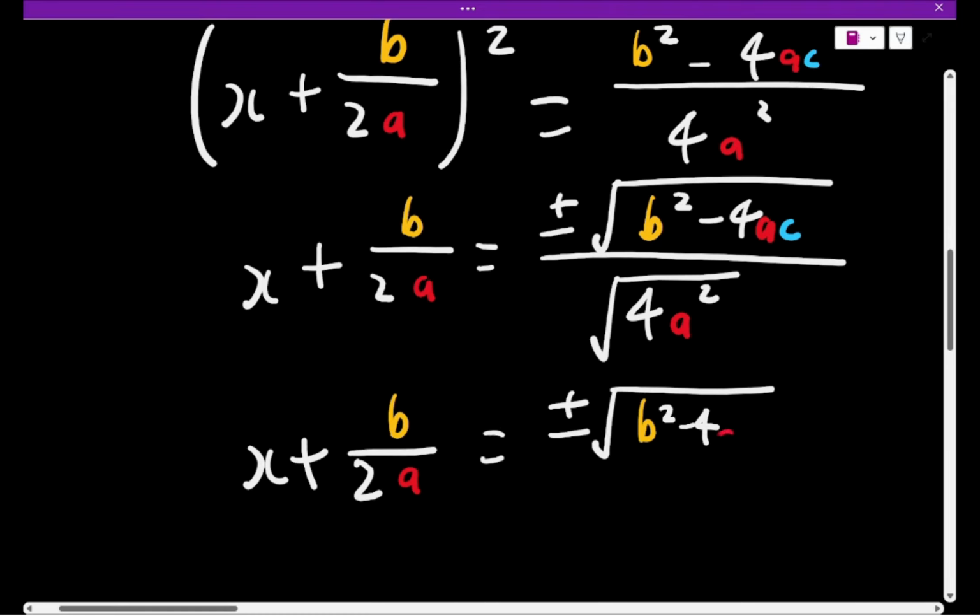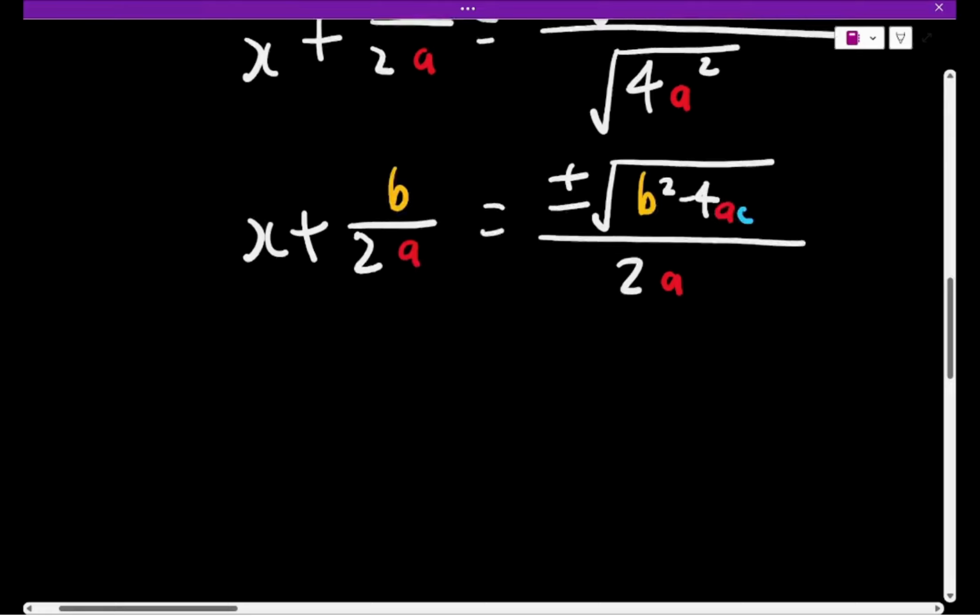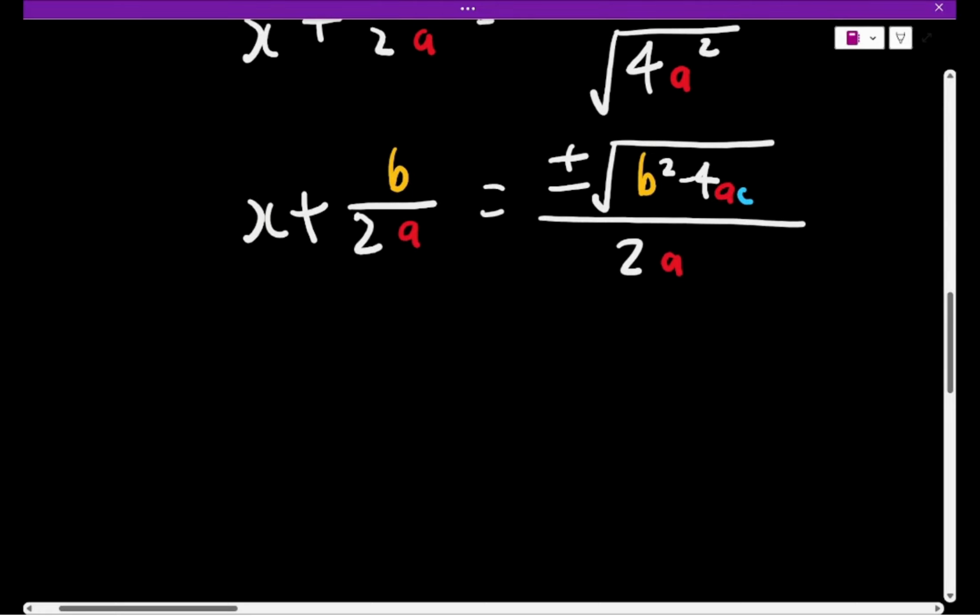The square root of 4a squared is equal to the square root of 4 times the square root of a squared. The square root of 4 is equal to 2 and the square root of a squared is equal to a. Now finally, to solve for x, let's just subtract b over 2a on both sides. So we get x is equal to negative b plus minus the square root of b squared minus 4ac all over 2a. And this is our quadratic formula.